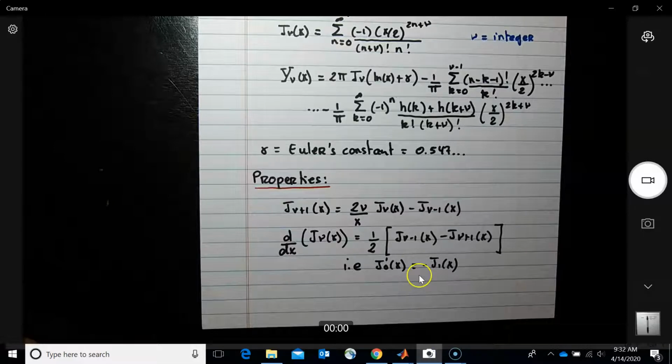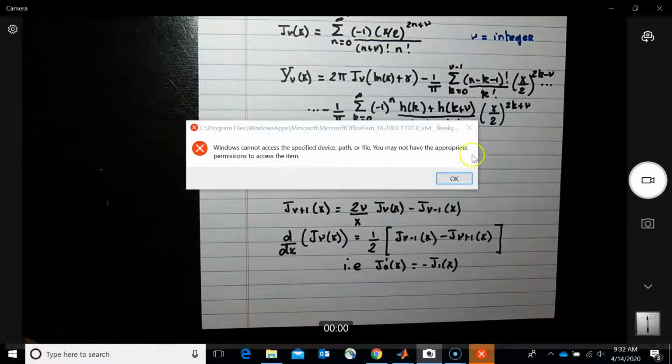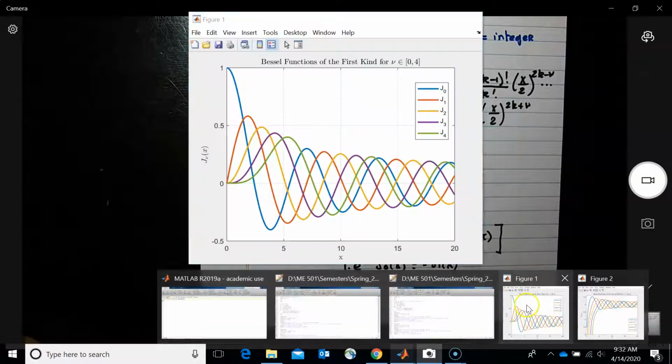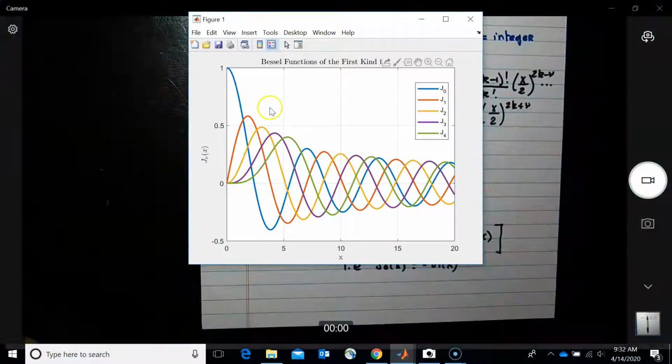So the derivative of this one is minus the other function. When we look at the figure, it's this one here, which has as derivative the negative of this one here. But most important is that you see all these functions are sinusoidal.